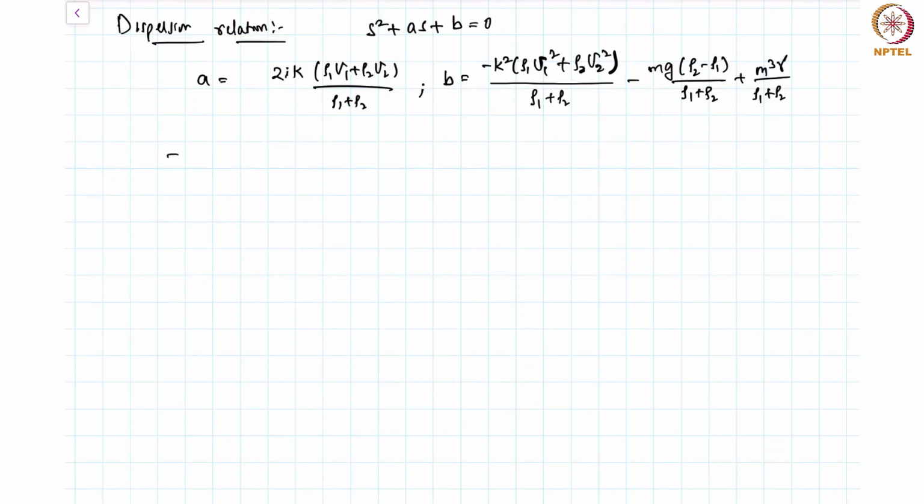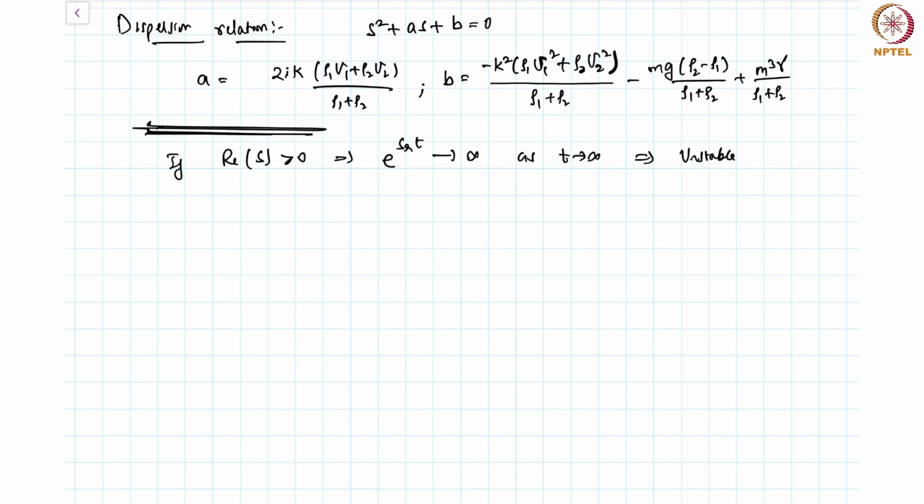Now we know that if real part of S is greater than 0, then exponential of SR of t goes to infinity as t goes to infinity, and this is unstable, where S is SR plus ISI. SR is the real part of S. So the flow is unstable if real part of S is greater than 0.